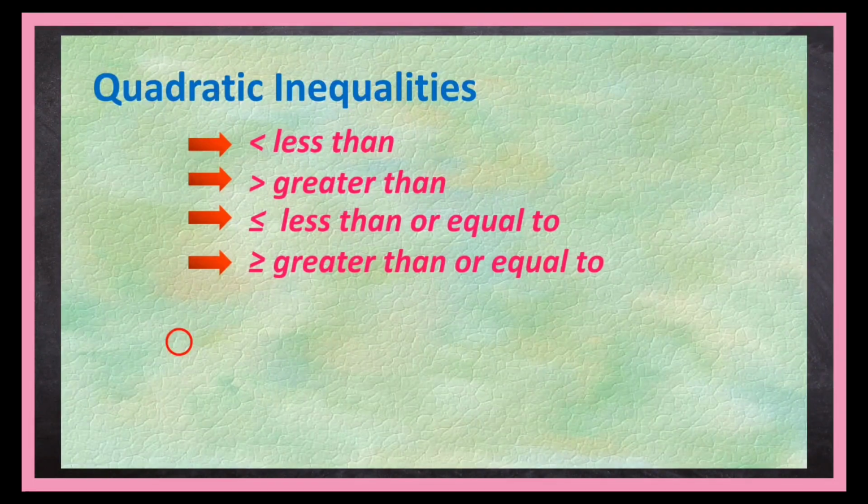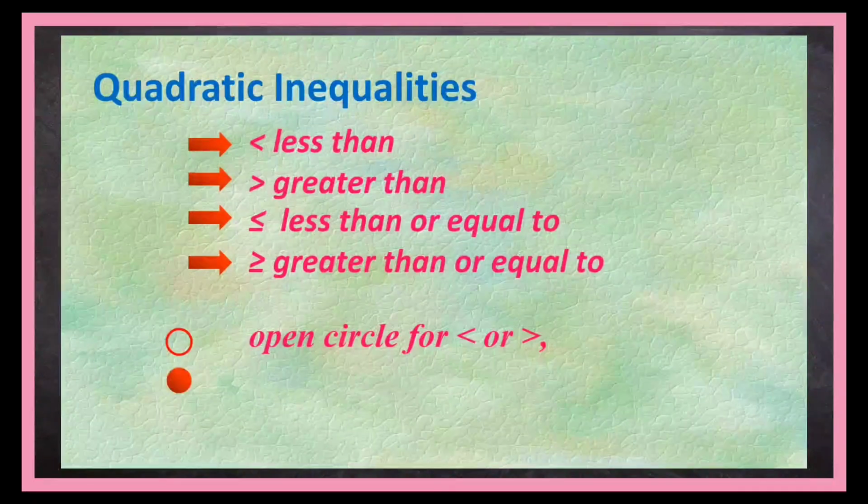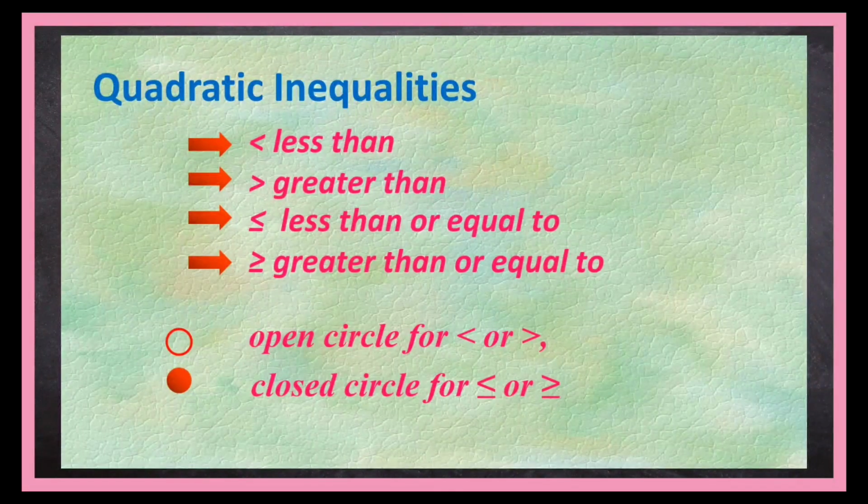We also have the open circle. This open circle is for less than or greater than. Then we have the closed circle. It is for less than or equal to or greater than or equal to.